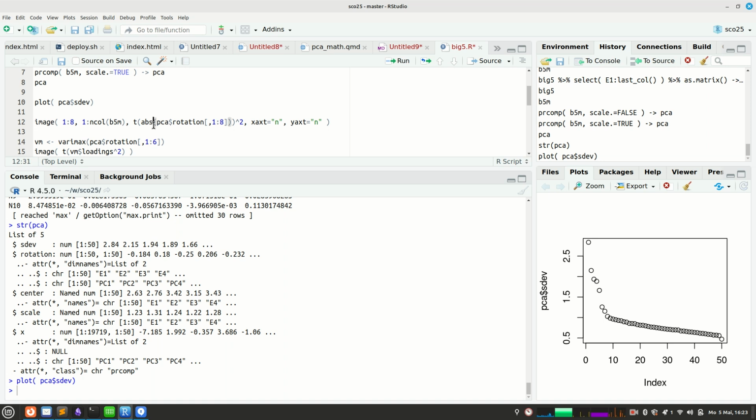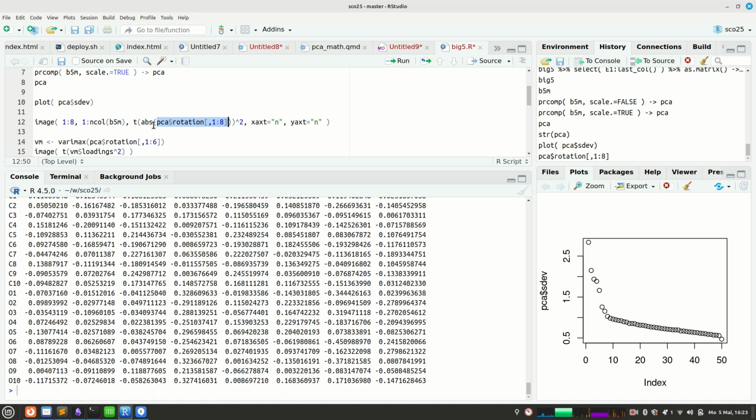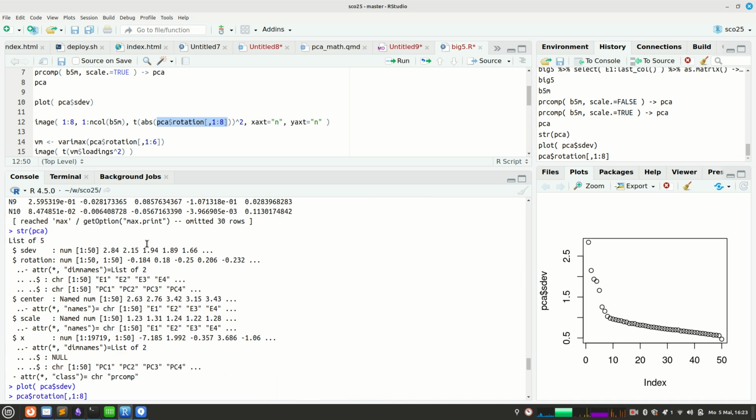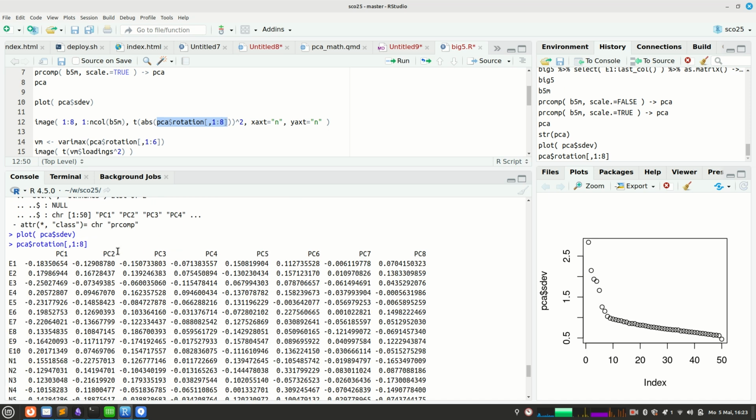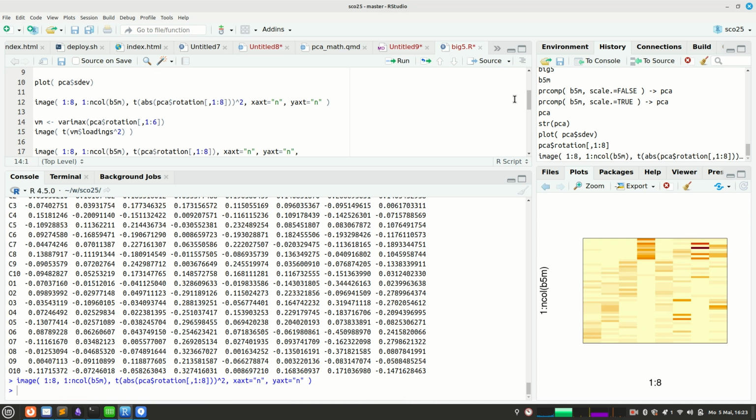What I now do is look at the basis expansion. These are the loadings which tell us for each of the 8 putative personality traits how much influence they have on each of the questions. And because we had this inversing where some questions are scored backwards, I take the absolute value so that I don't get confused by this, and I plot this in this image here.